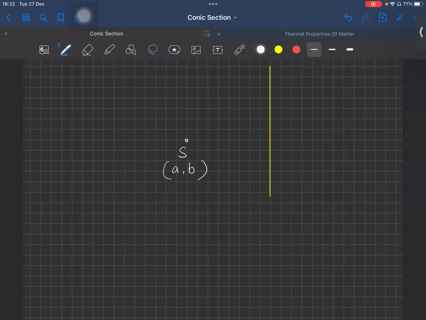And point P is moving such that this is point P. If you draw a line from P to S, this line is passing through the focus and perpendicular to the directrix. Let's say this is M. Right, now this is perpendicular to directrix.